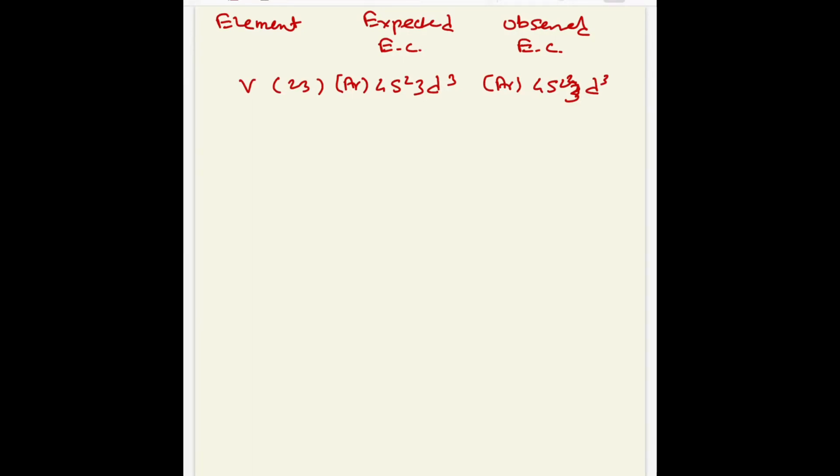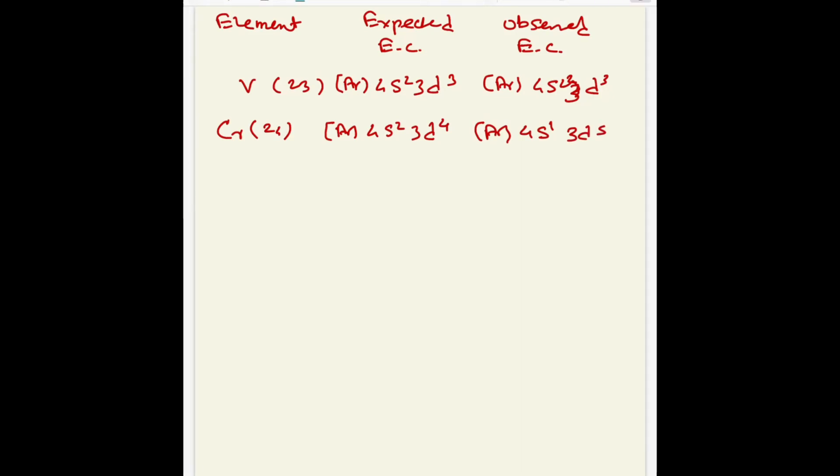The next element is chromium. The atomic number of chromium is 24 and with the nearest noble gas argon, the expected configuration is 4s2 3d4. But the observed electronic configuration is 4s1 3d5.